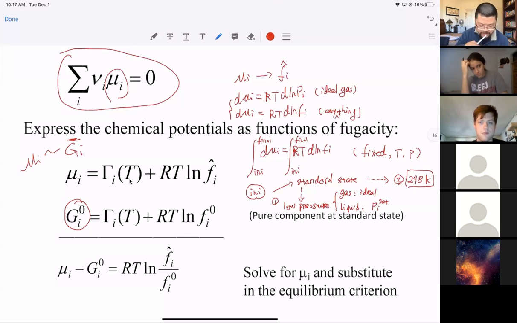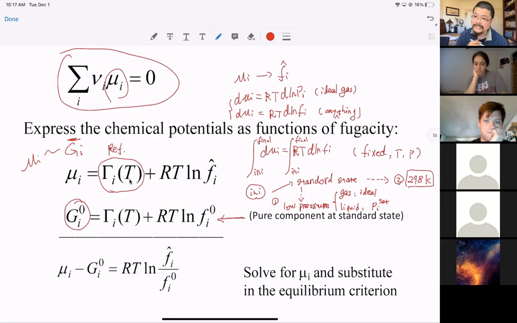So anyway, if I'm going to write this down, that is just a reference value. This is just a reference. It's coming out of the derivative of the chemical potential, and I just utilize that for two different conditions. This is the mixture, and that is for the pure component at that standard state.